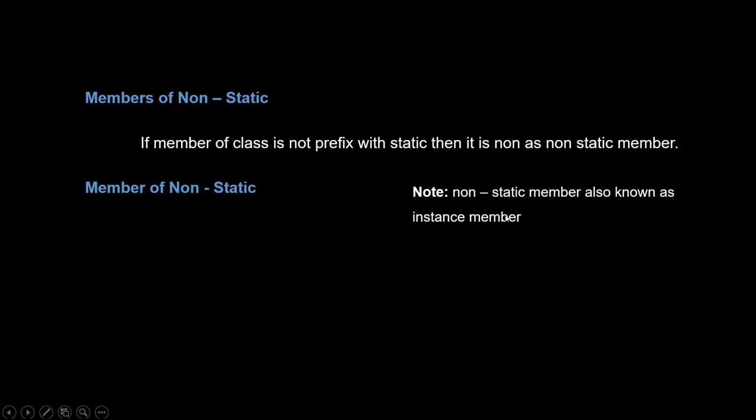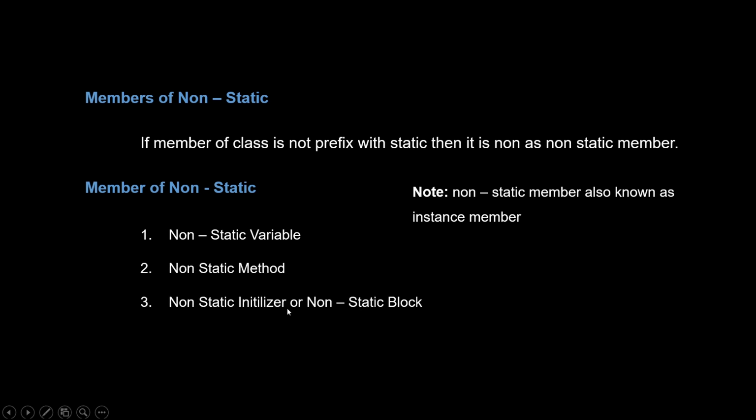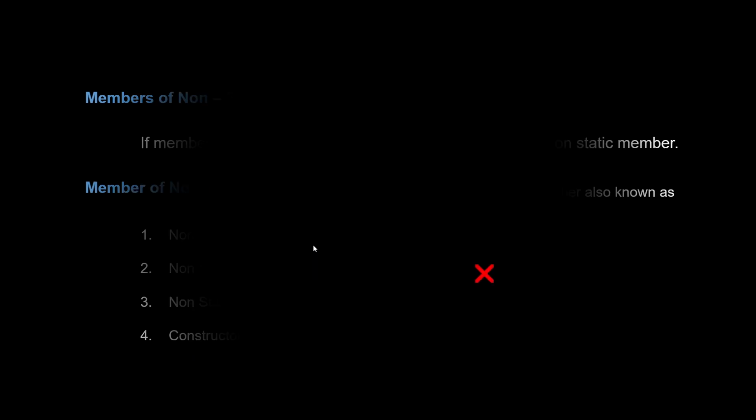If you have a variable or a method, that is called an instance variable or instance method. So the members of non-static are non-static variables, non-static methods, non-static initializers or non-static blocks. Also, we have a constructor. So let's discuss one by one.